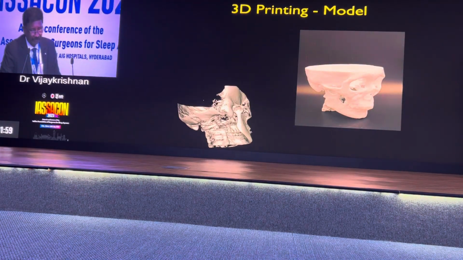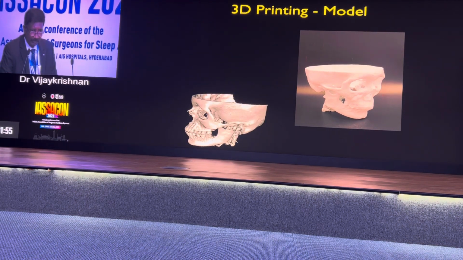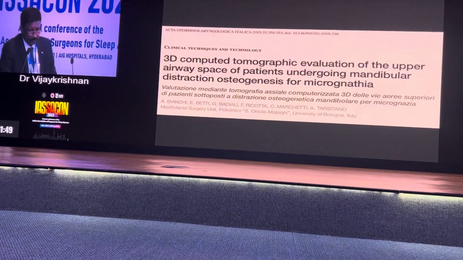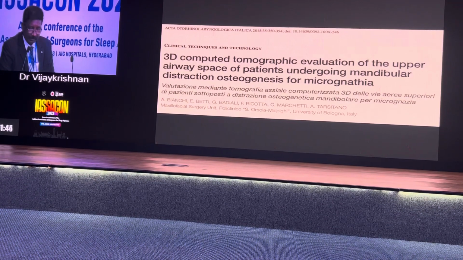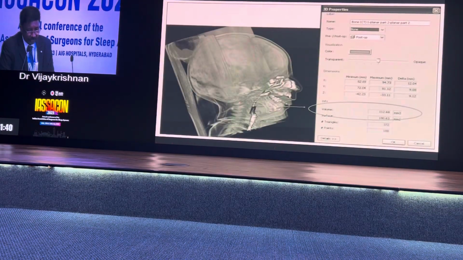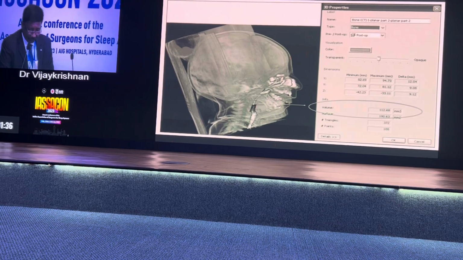And we can produce a 3D printing model from these CT images, which will be helpful during skeletal surgery. There is a 3D computed tomographic evaluation of the upper airway space of patients undergoing mandibular distraction surgery for micrognathia. It's a beautiful paper, you should all read it, and it gives you insight into how we can use this to interpret.